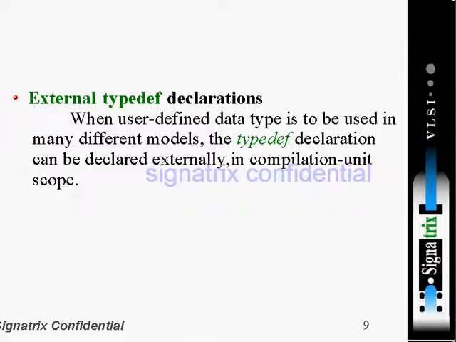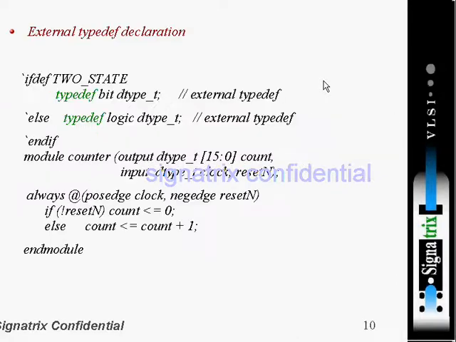For example, now look at here. Here we have declared that user defined data type in the compilation unit scope, right? Ifdef, tick, endif. Okay, now what will happen in this module?